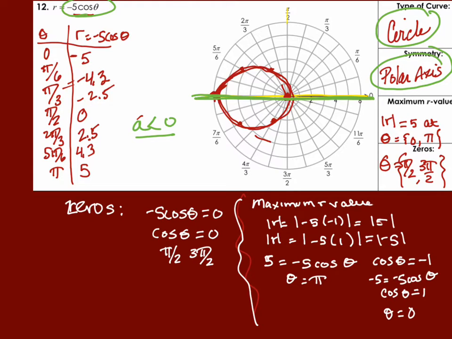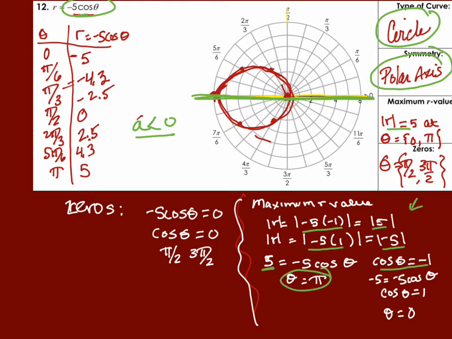The maximum r value, here's me figuring it out. I substitute in a -1 first and get a +5, and I substitute a +1 and I get a -5. So our maximum r value is the absolute value of r equals 5, and then I have to find out where. So I substitute 5 in, and I get cosine theta equals -1. Where does cosine theta equal -1?